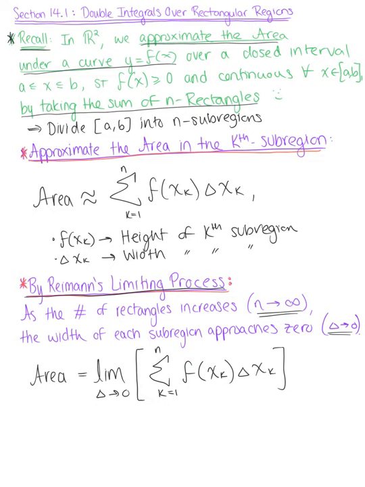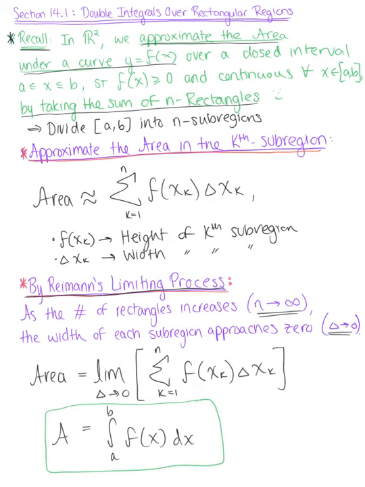And so as we apply Riemann's limiting process, we are left with the definite integral from a to b of f of x dx. And our definite integral gives us the area under the curve over that closed interval from a to b. And what's great is a similar process holds true for the volume of a solid in 3 dimensions. So let's go ahead and explore that.